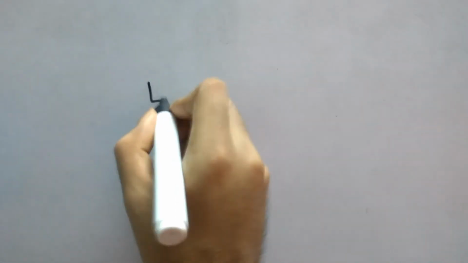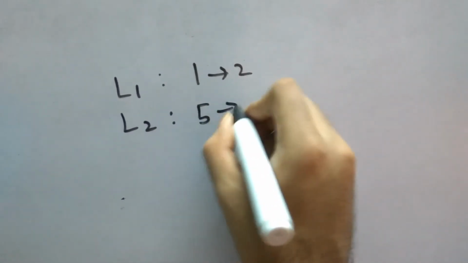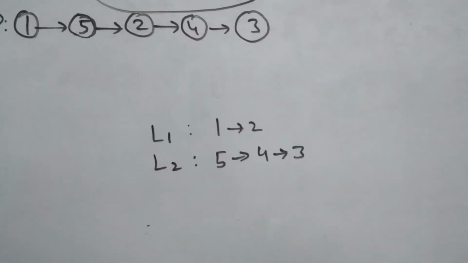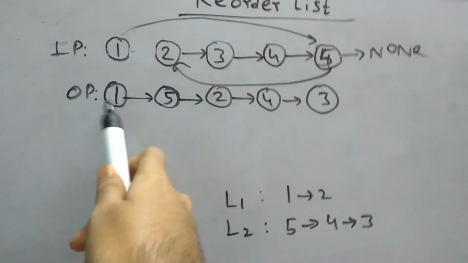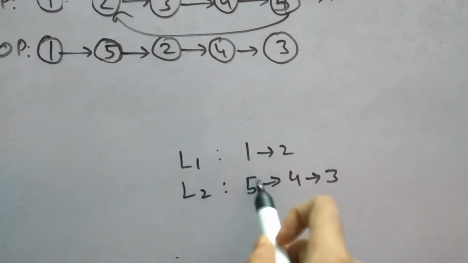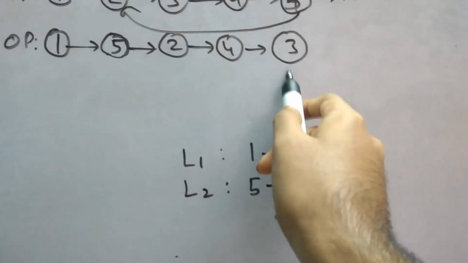If we write these two once again, the first linked list, let us call it L1, will be 1 2, and L2 will be 5 4 and 3. Now we are seeing a pattern: 1 is connected with 5, so we just have to connect them. 2 is connected with 4, so we connect them, and 3 is left alone, so 3 is here.